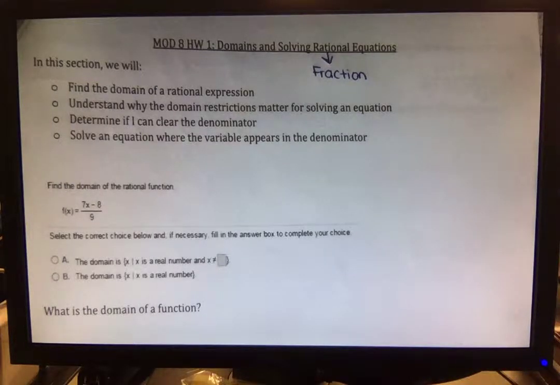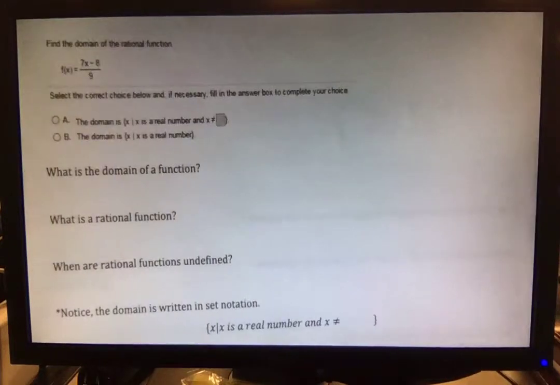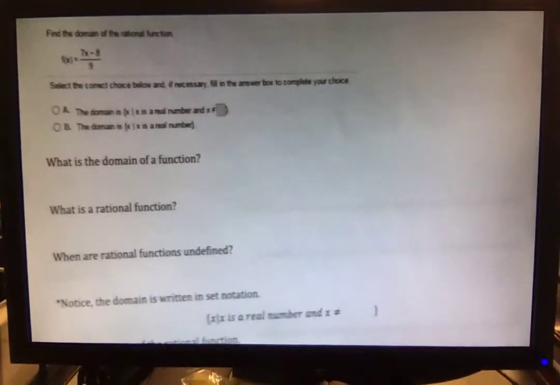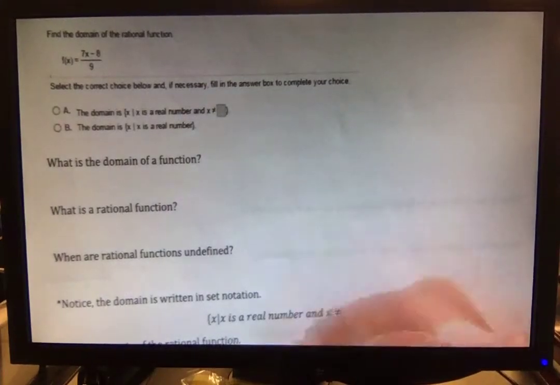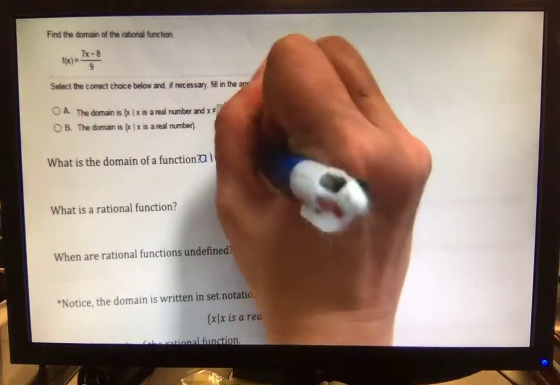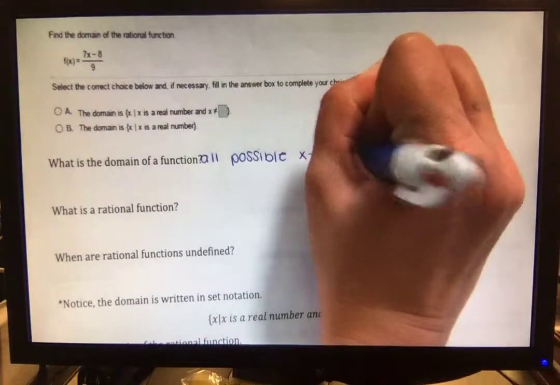So for our first example, it says find the domain of the rational function. F of x equals 7x minus 8 over 9. So we said that the domain of the function is what we can plug in for x. So it's all possible x values.